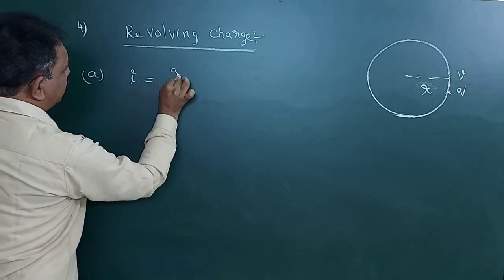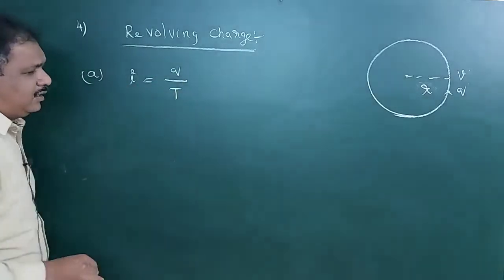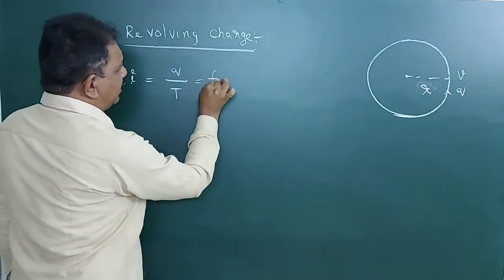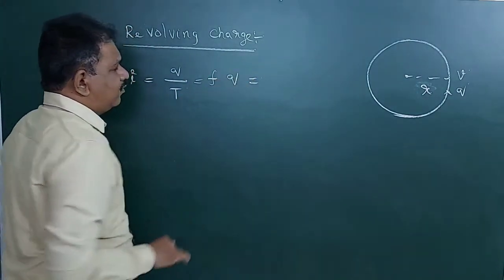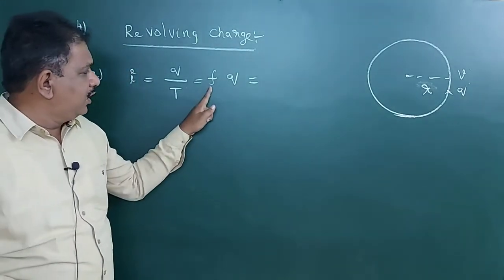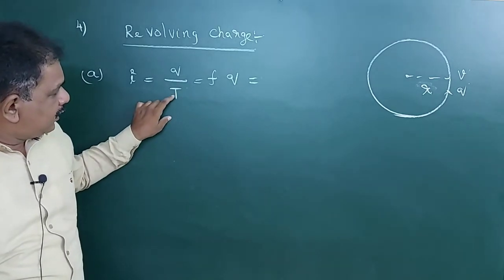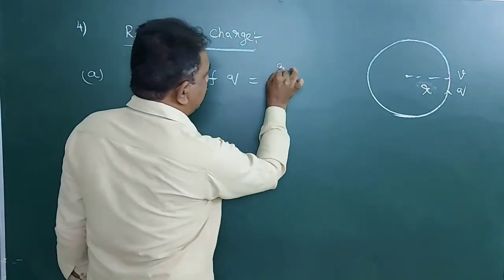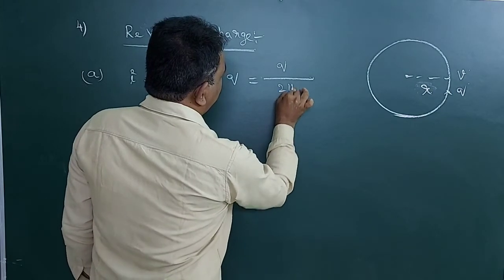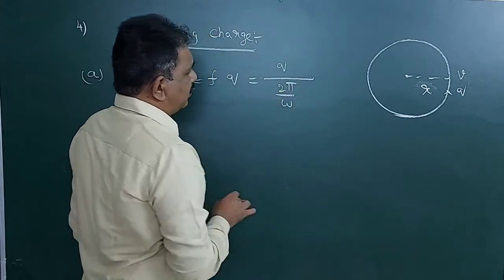I is equal to Q by T. T will be the time period. 1 by time period will be frequency. So I = F into Q. This T value will be 2 pi by omega.